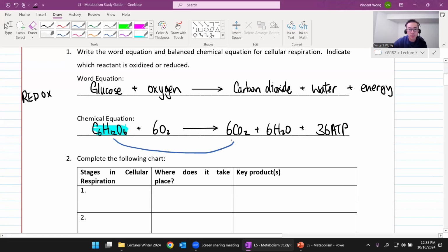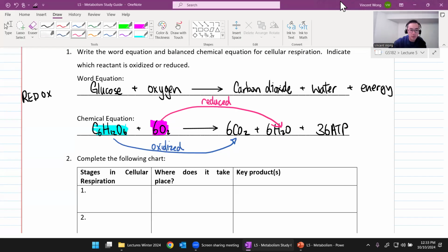Okay, so we're going to be removing high energy electrons from it. And when we do that, it ultimately becomes carbon dioxide. And for the oxygen, it is going to be picking up the electrons, and that's going to be reduced into water. Now, this is not a direct transfer, okay?